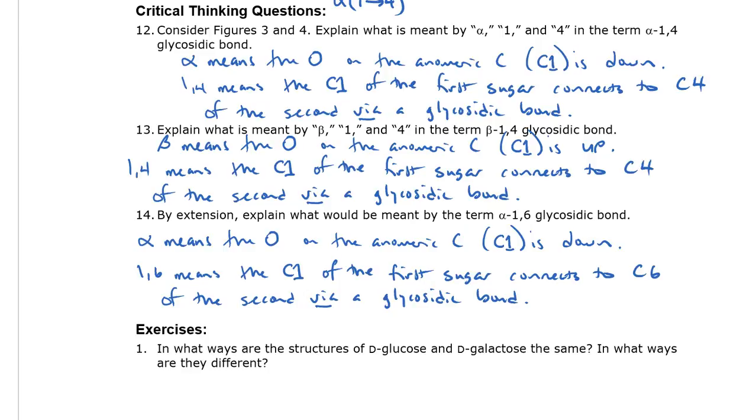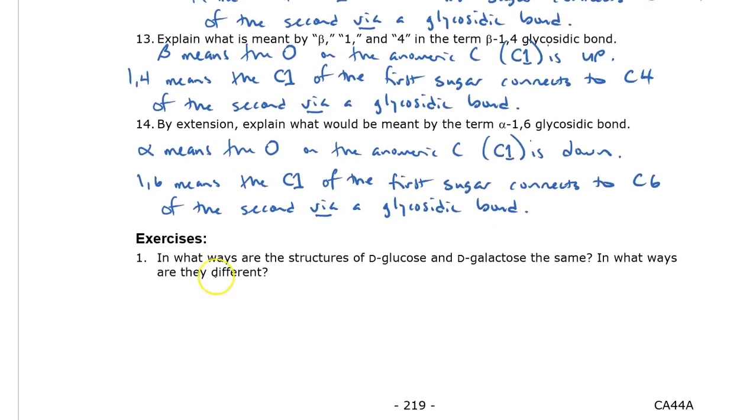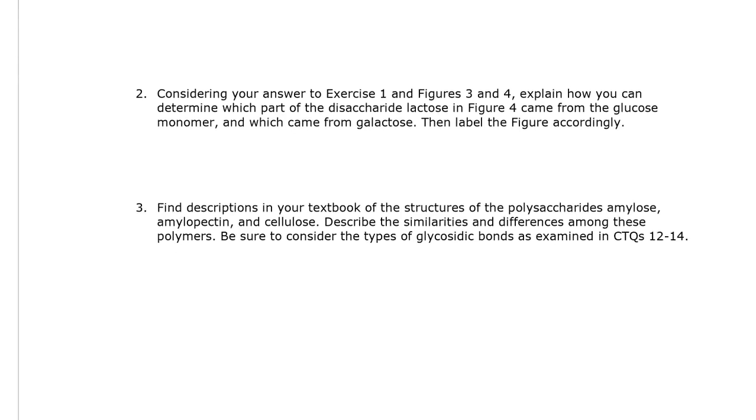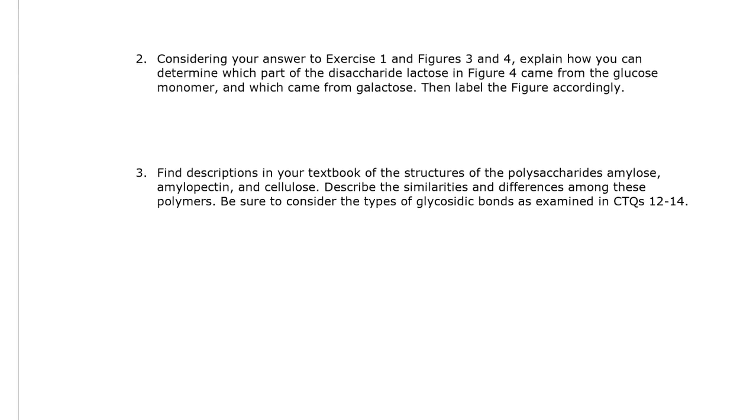In the exercises, it talks about the difference in monosaccharides, so describing those. Labeling figures based on which sugars they came from, which I actually talked about. And number 3, where you're going to have to do some reading on your own. So find descriptions in your textbook.